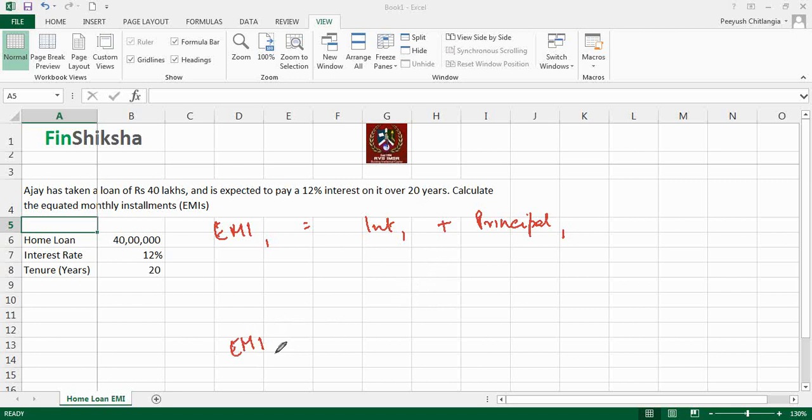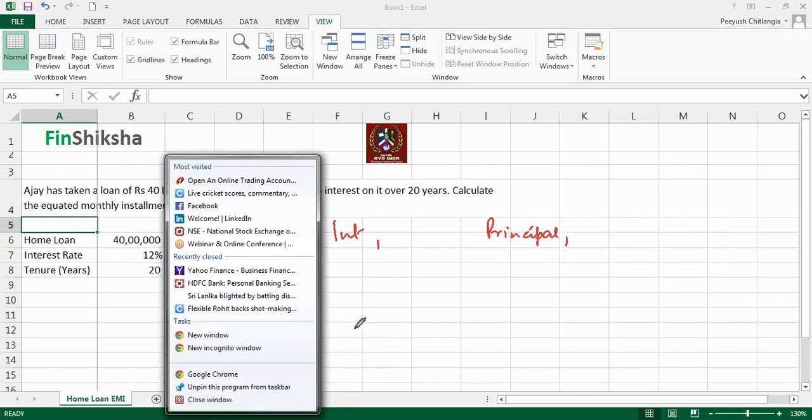Now let's say on the 20th month, your EMI is going to be equal. These two numbers are equivalent, right? But interest 20 will be lower. Let me rewrite it: interest 1, principal 1.